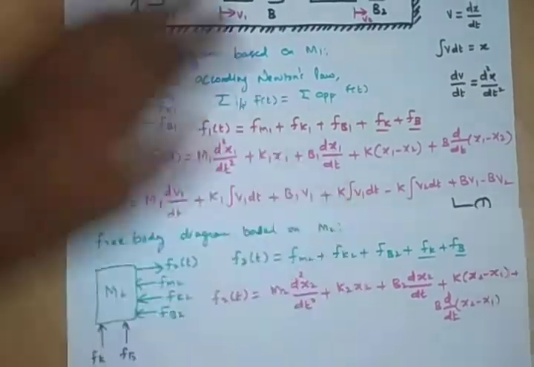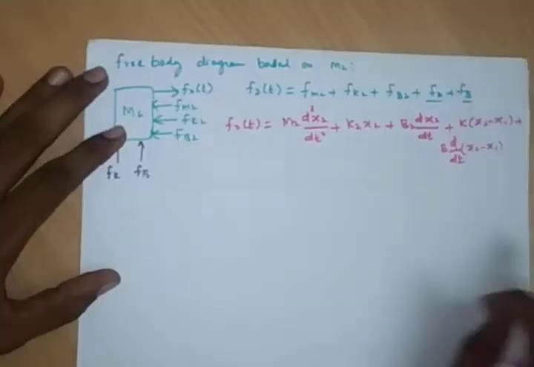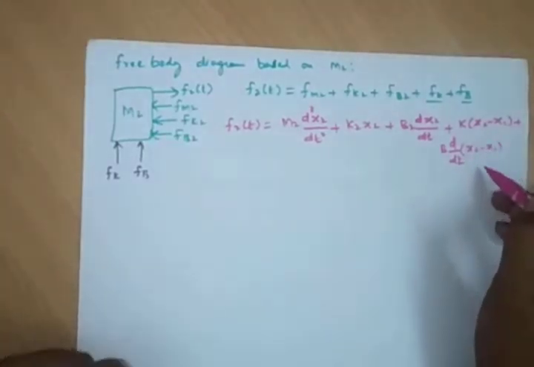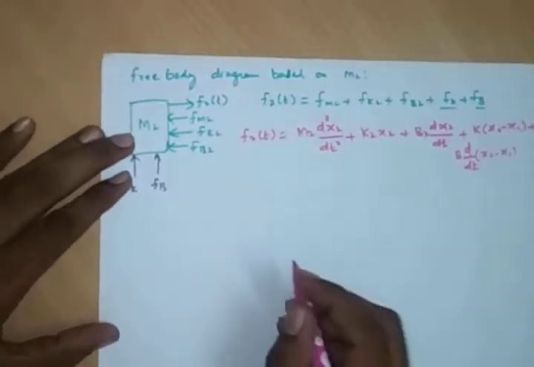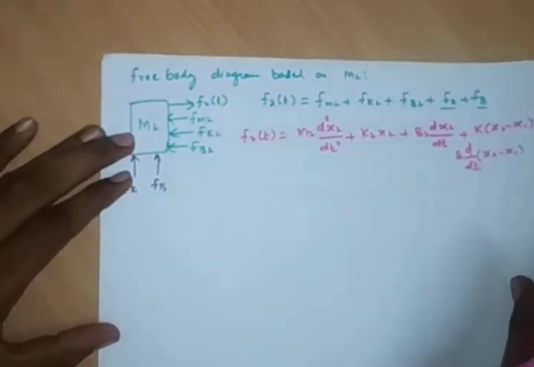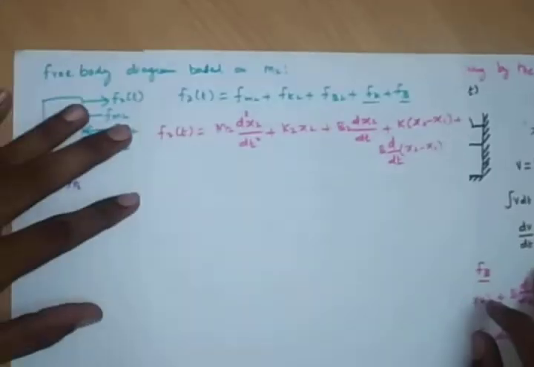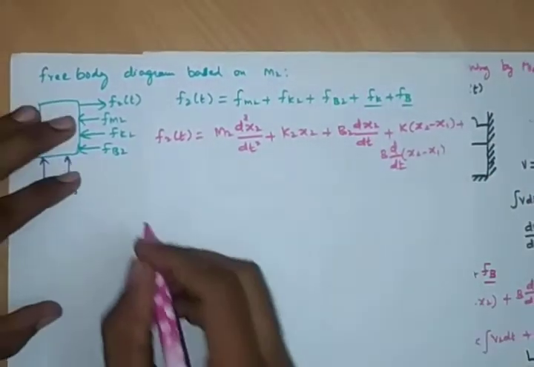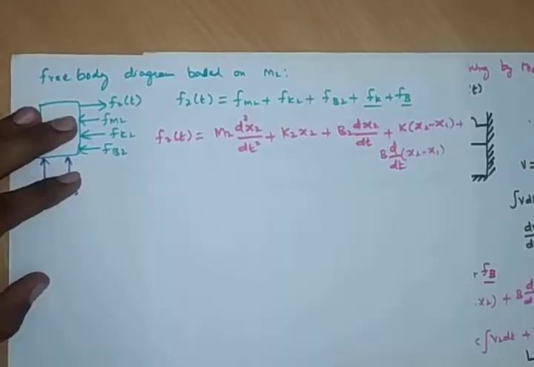If you are referring with respect to mass 2 you need to take the difference of displacement as x2 minus x1. This is the only thing we need to take care of in these places. So let us convert the whole equation in terms of velocity.